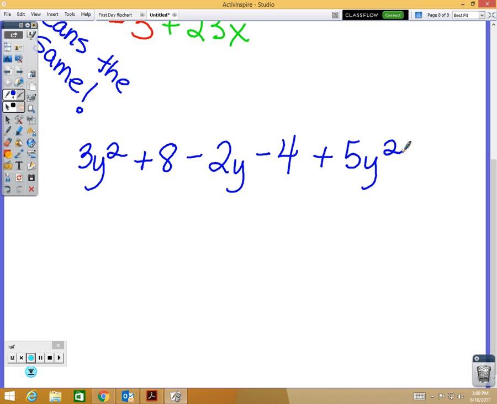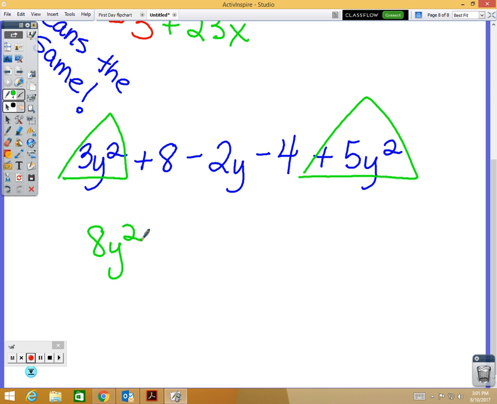Okay, so now we have apples, oranges, and bananas. All right? So let's look at the terms that just have y to the second power. And we have another one down here. So let's combine those two terms, and you would get 8y to the second power. Now let's look for terms that have just a y.